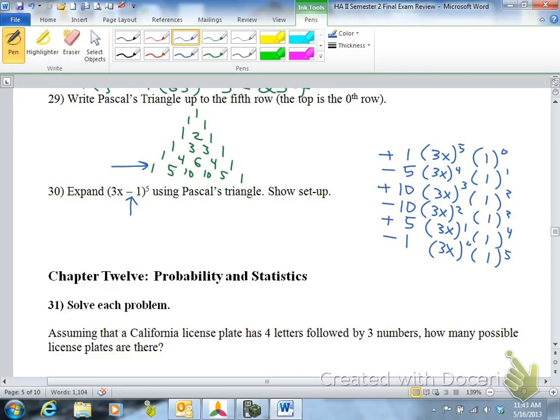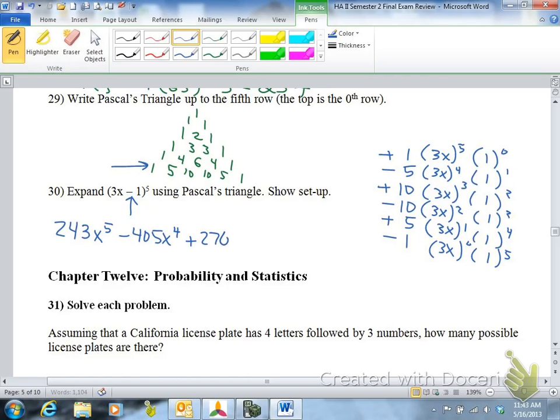I can do a couple of them. 243 x to the 5th. Minus 405 x to the 4th. That's 27 times 10.